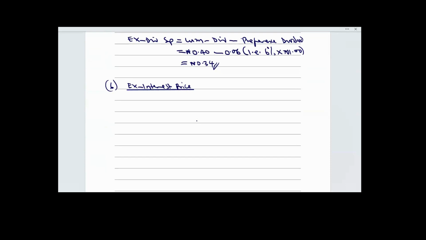You must know what is next, what you should do next. So to get the X int price, we are going to pick the current market price of the debenture, which is the cum interest price. The cum interest price is 105.3.